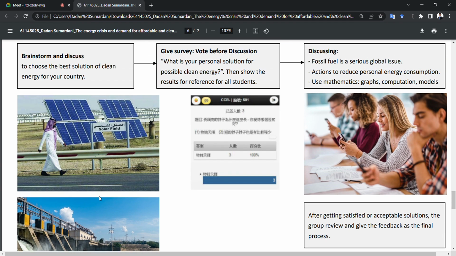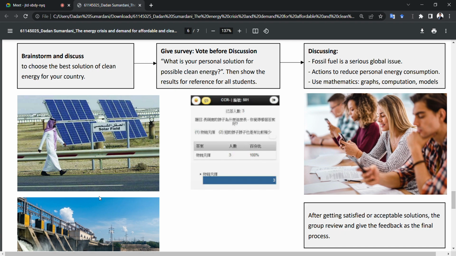After that they need to present some findings, and then the teacher can give a survey before discussion. So what is your personal solution for possible clean energy? Then we can show the result for reference for all students.